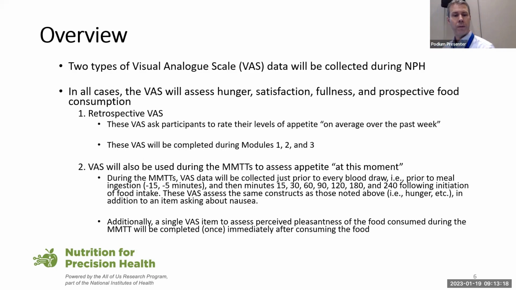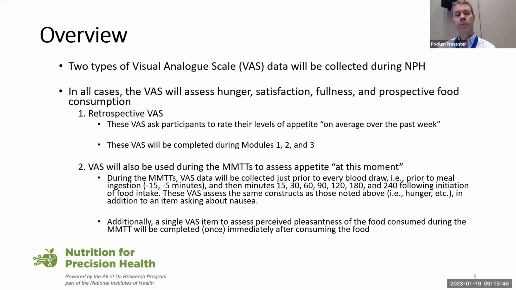All right, so moving on. The first thing we want to talk about are some general updates about the VAS. So the visual analog scales, or VASs, were mentioned yesterday in Brit's talk, and she did a very good job at summarizing how the VAS data are collected during the MMTTs. I have this slide here to just kind of summarize the VAS data because during NPH, we're administering 2 separate forms of VASs.